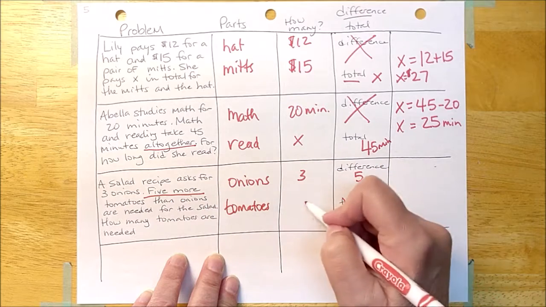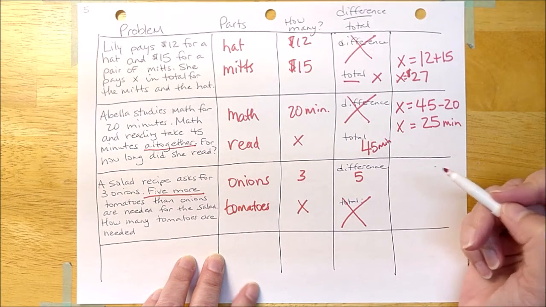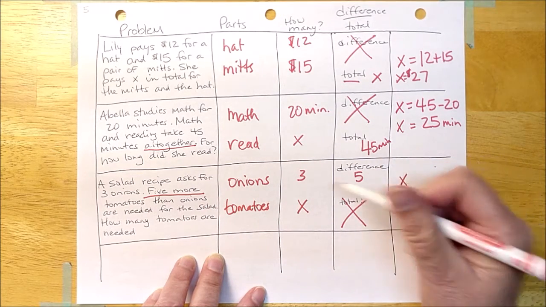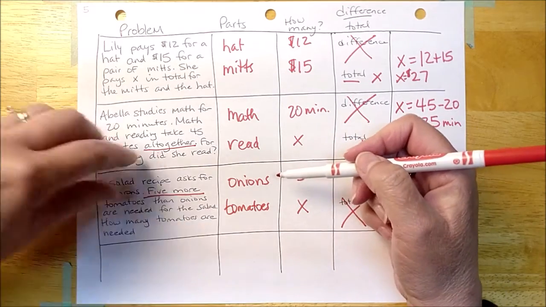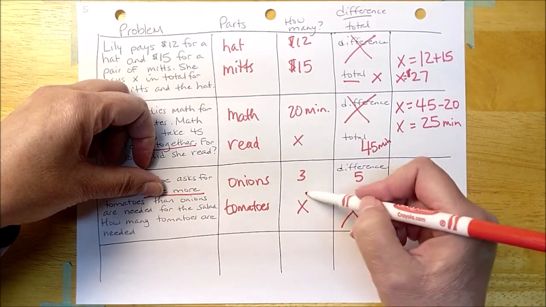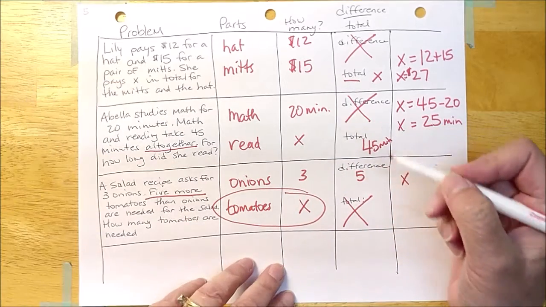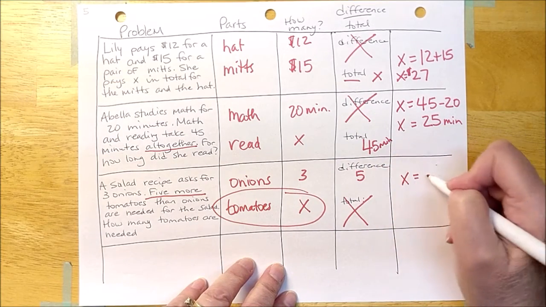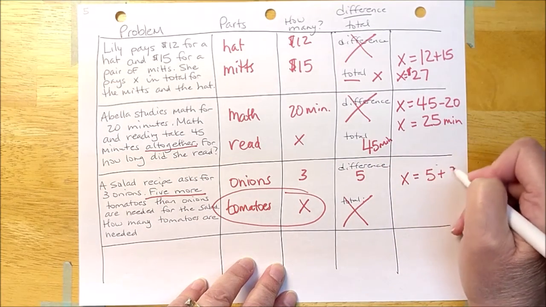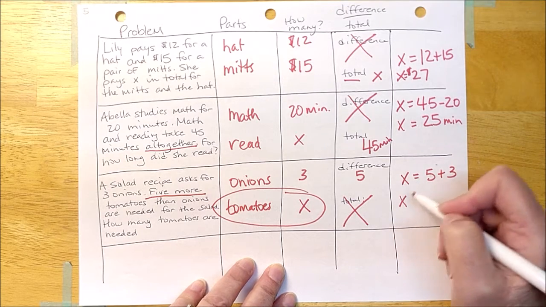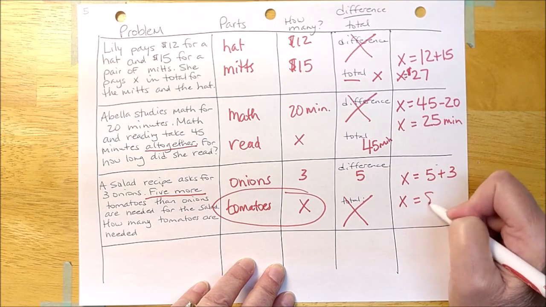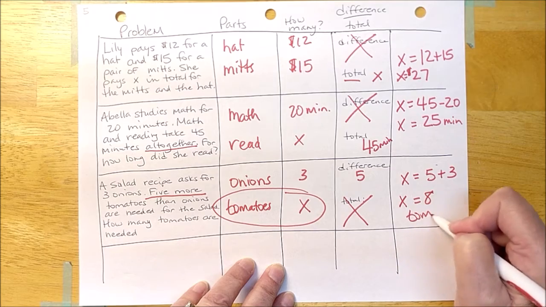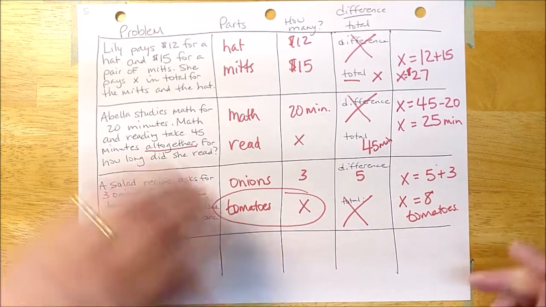How many tomatoes are needed? So there's my X. So I've got to find out which one of these is my larger. It says more tomatoes, so that means tomatoes is my big number. So X is my big number, so I am going to add my onions and my difference together, and that equals 8. So I have 8 tomatoes all together.